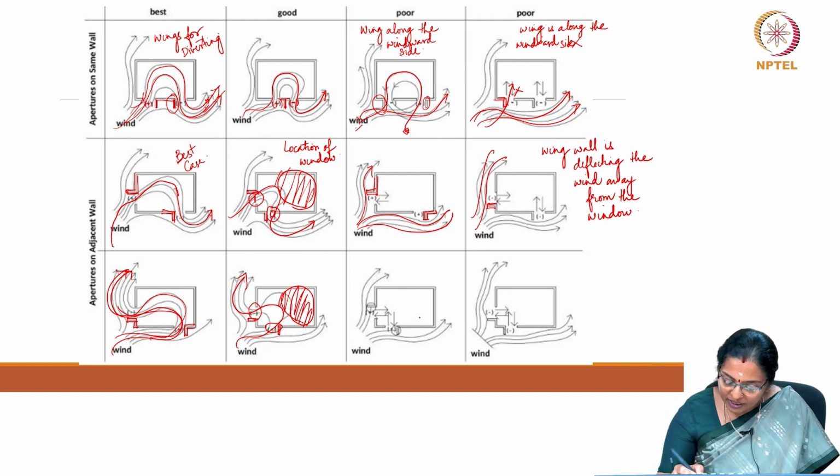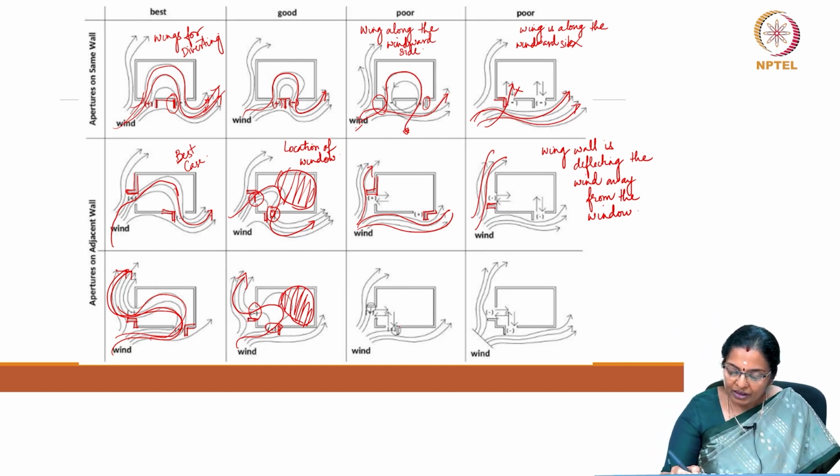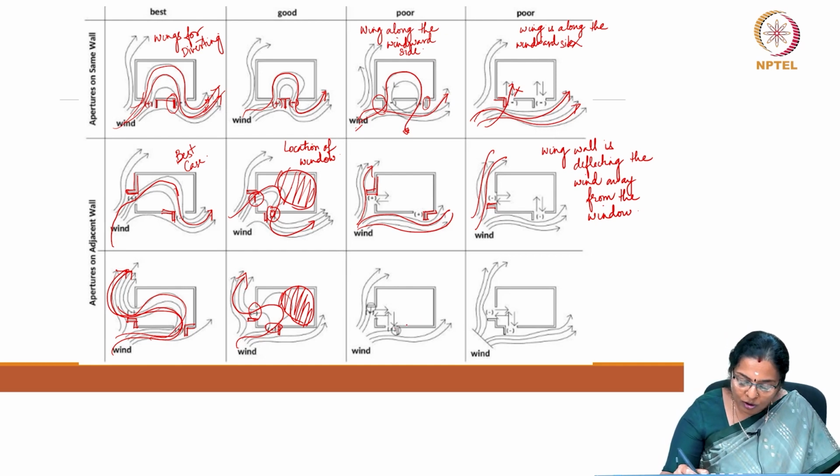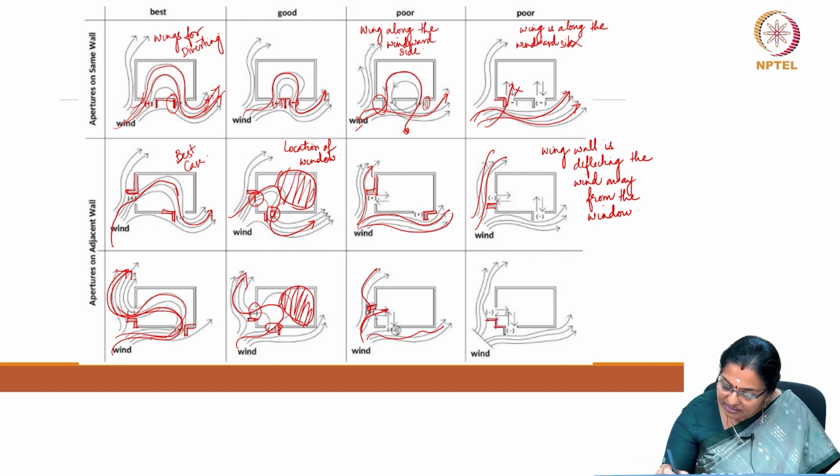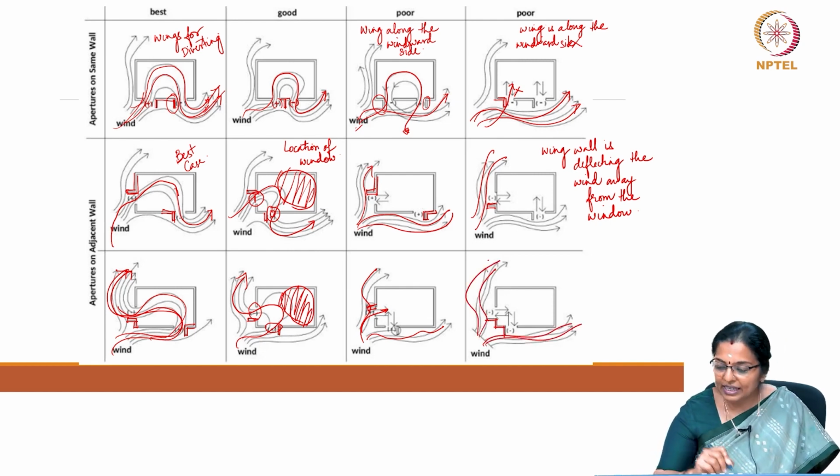This is a poor case scenario where your wing wall is actually deflecting the wind away from the room, and it is not encouraging the breeze to get inside, but it is encouraging the breeze to move out. And similar is a wing wall which is actually not allowing the breeze to get in.